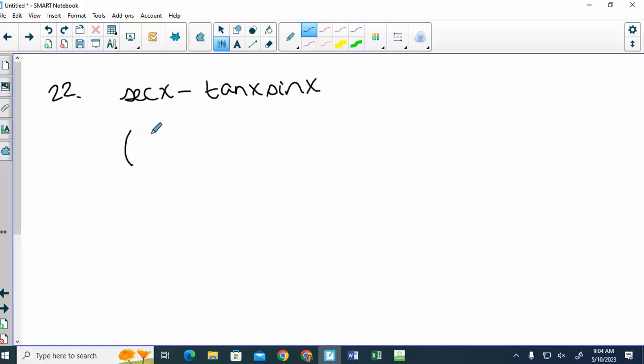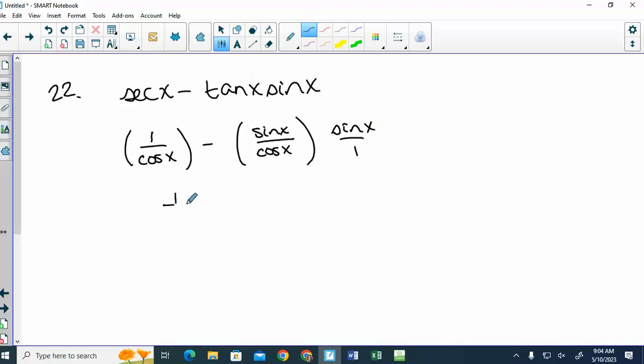So secant is 1 over cosine, minus tangent is sine over cosine, times sine. This is like a sine over 1. So we have 1 over cosine minus, if you multiply those, that gives you sine times sine, sine squared x over cosine x.